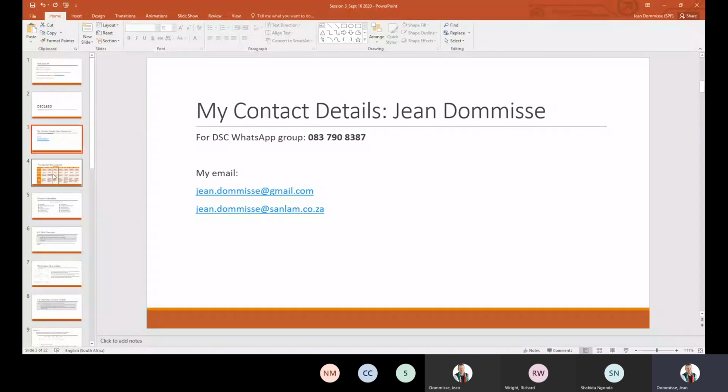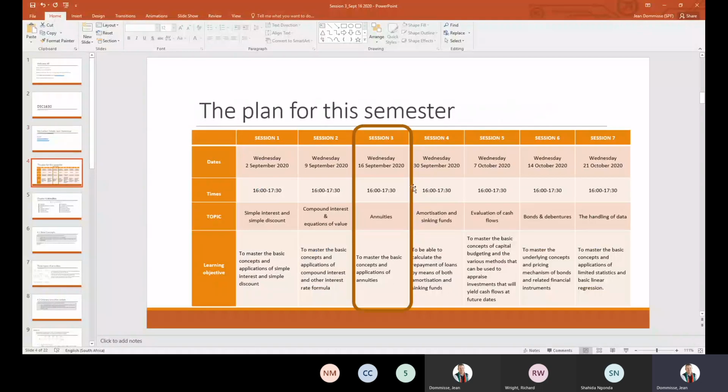So basically today I just want us to cover the annuities, and really looking at two types of annuities. One that is paid off or happens at the end of a month, and then later in the session, the ones that start off at the beginning of a period.